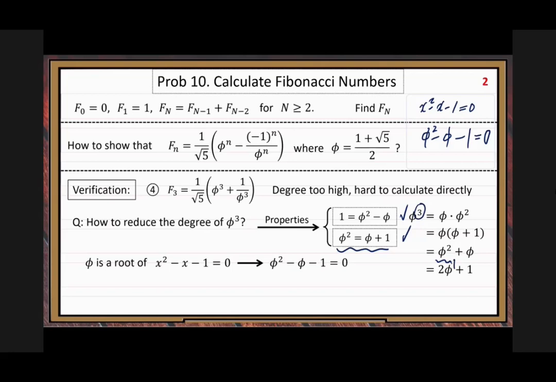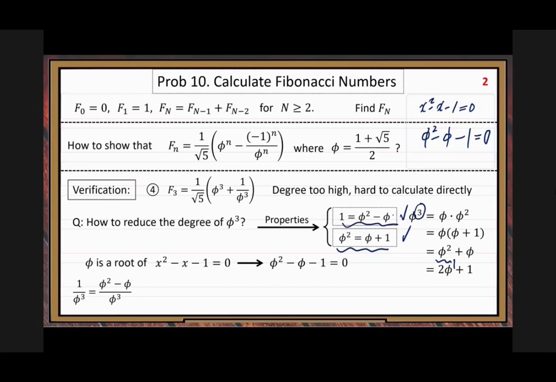Let us work on 1 over phi cubed. This fractional expression is harder than phi cubed because it's in the denominator. But this time we still do the simplification. We replace the numerator 1 by phi squared minus phi, the first equality. Why do we do this?